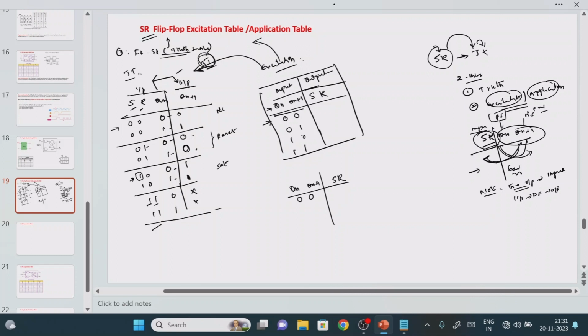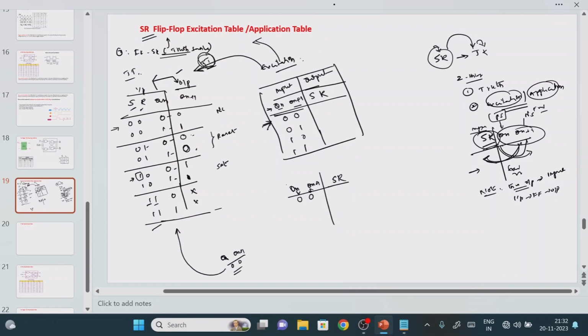Now this is a very important point that you have to remember. What is the first input condition? 00. It means Qn equal to 0, Qn+1 equal to 0. Again I am repeating, Qn+1 value equal to 0.